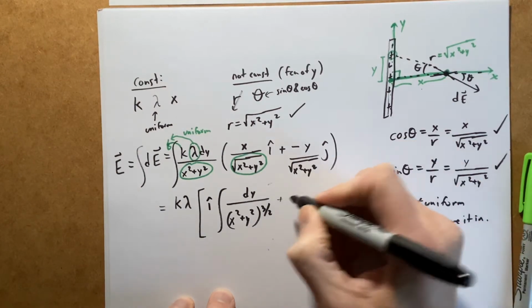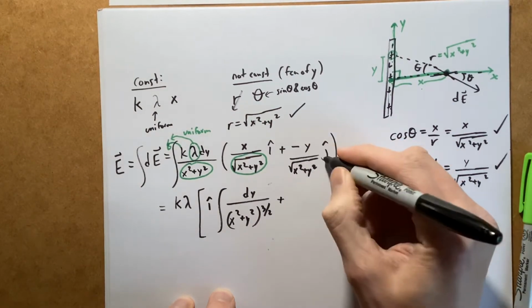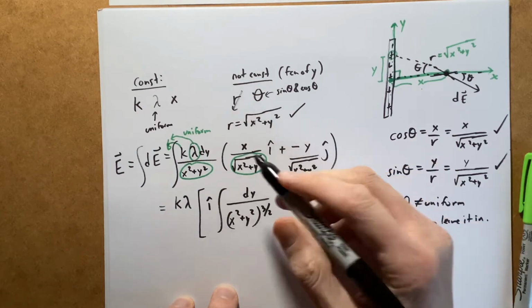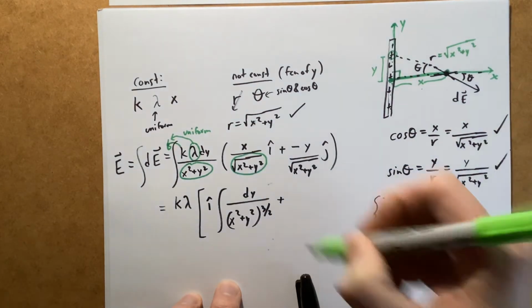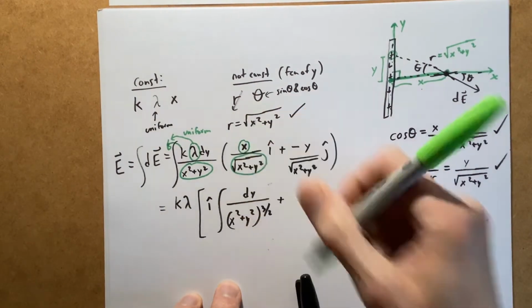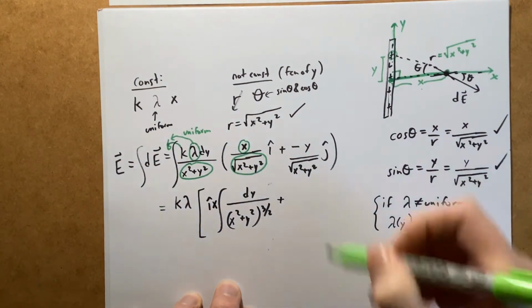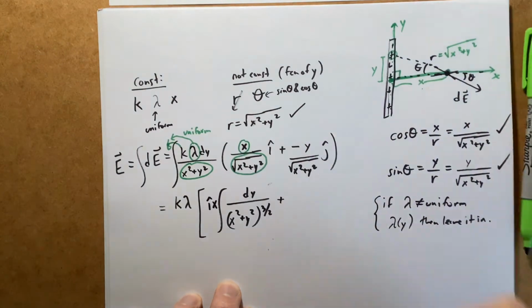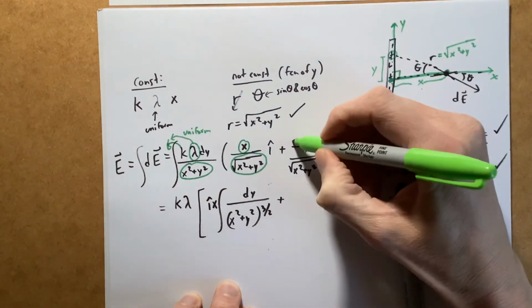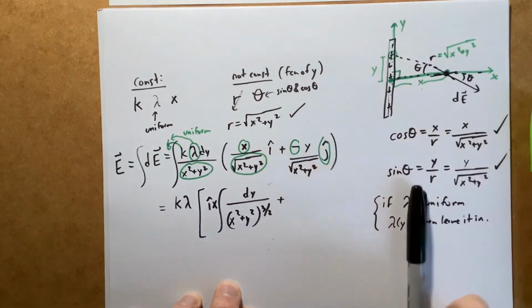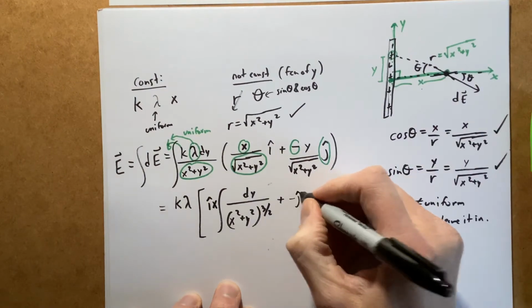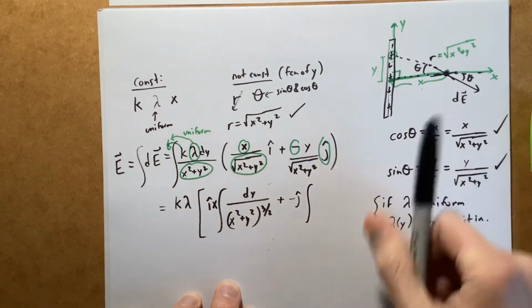And then over here, same thing, minus and, oh, and I forgot, whoops, forgot about this guy. X is a constant, so I can pull that one out as well. And then over here, minus and j hat can come out. And then y, of course, cannot.